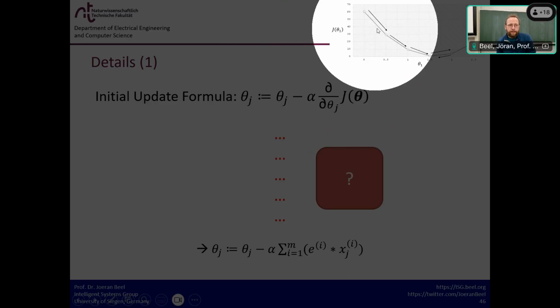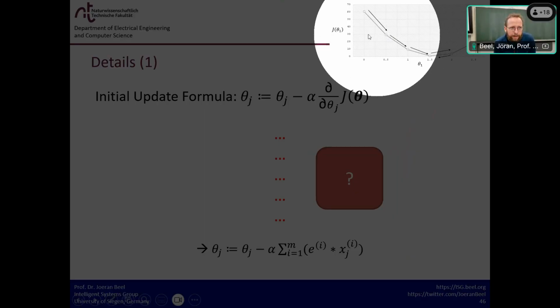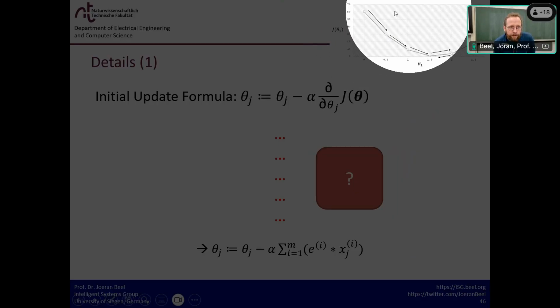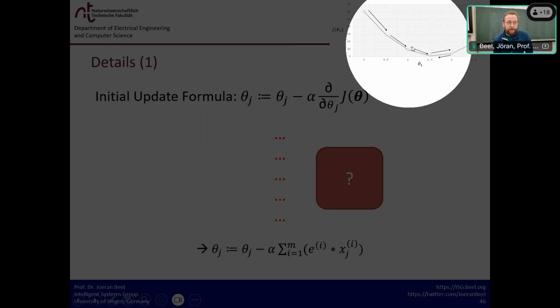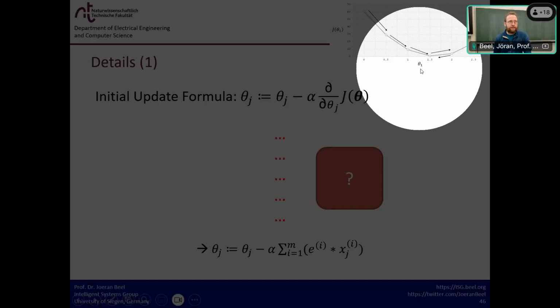If you look at this, the gradient here is, so let's start here, at 0. If you go 1 unit to the right, you go basically from 60 to 10. So basically the derivative here would be 50 or minus 50. Of course, you do not want to update theta by 50.